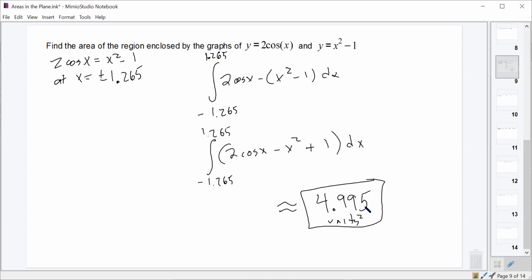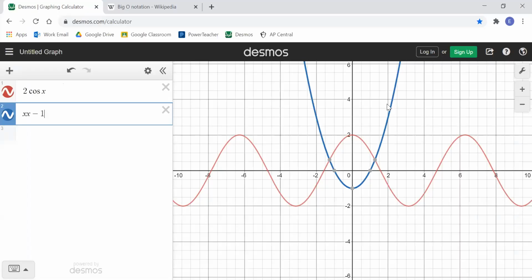Yeah. All right. Now, I want to real quickly mention one other thing about this one, just one little trick we might use. What's something we notice about both of these functions?